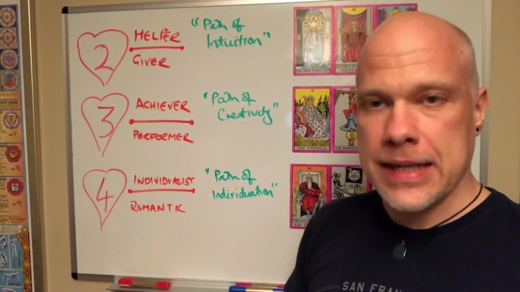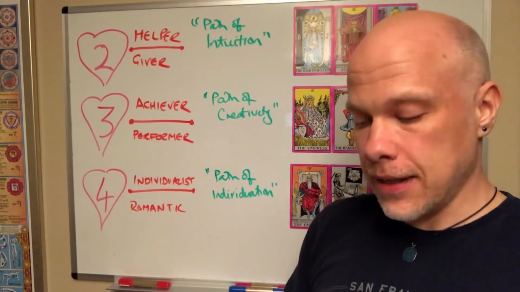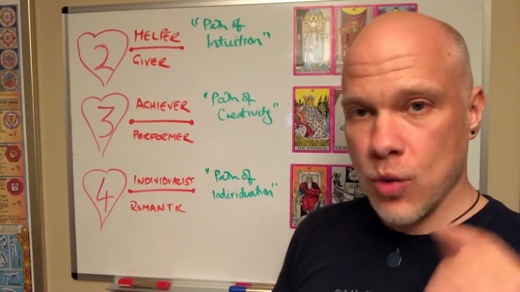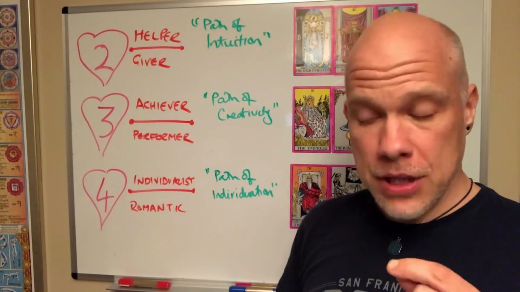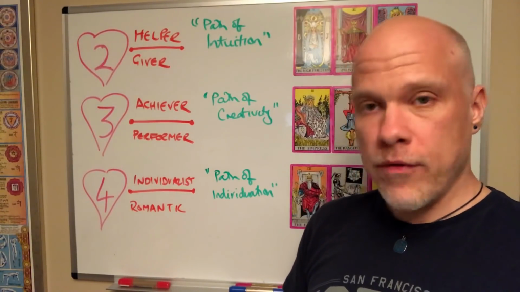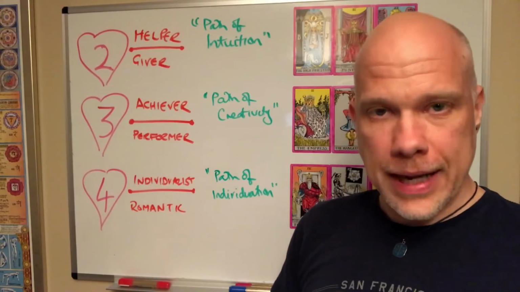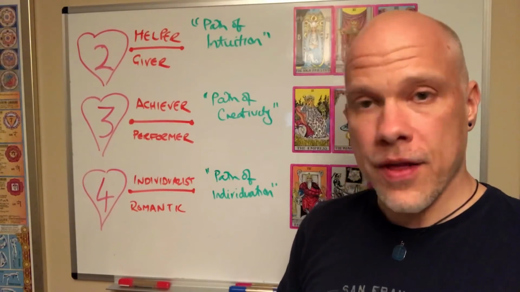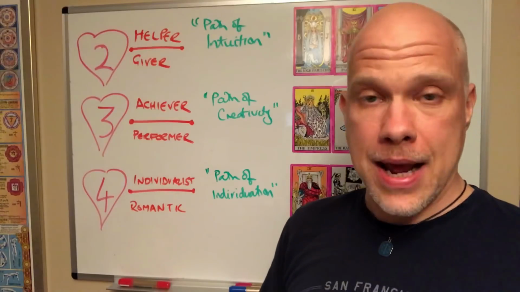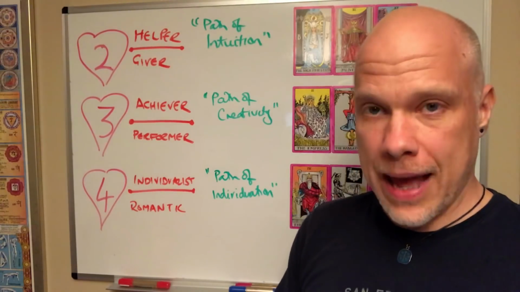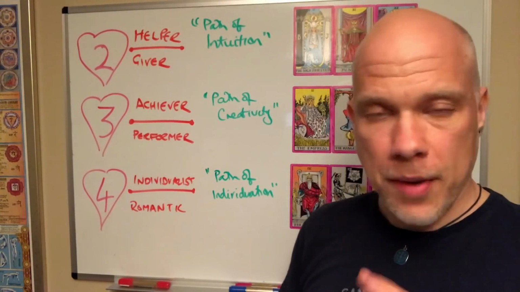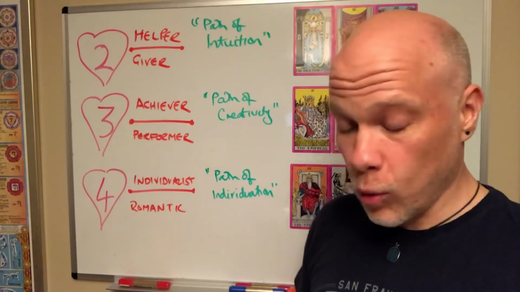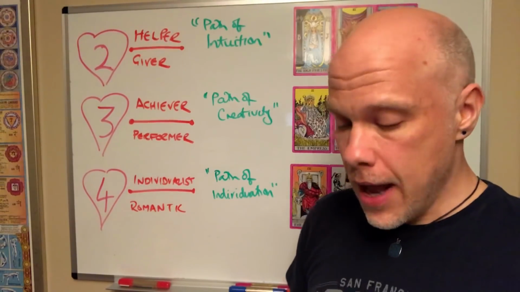So all I can do is say to you that the thesis in this book is that there is a connection between the Enneagram types and the equivalent numbered tarot constellation and the stages of the hero's journey as outlined by Joseph Campbell. Now, we're not going to talk so much about that because that's a whole different subject and a whole different video series probably.